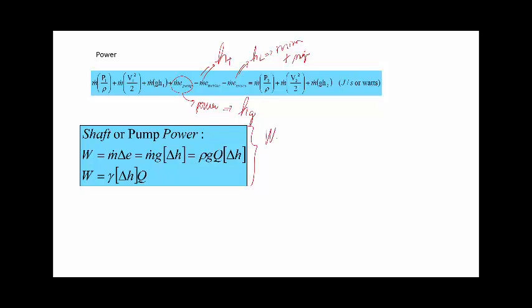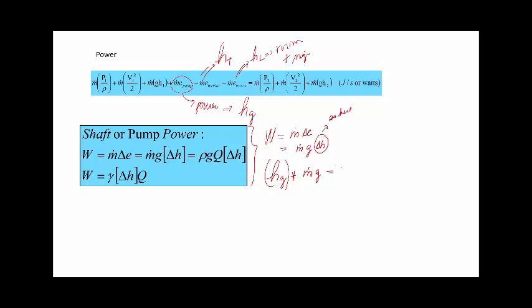So if we have the watts, the power, m dot times delta E, now look at this, it's delta H. So if I have the expression as a head, let's say I calculate HD, I just multiply that times m dot times g, okay?